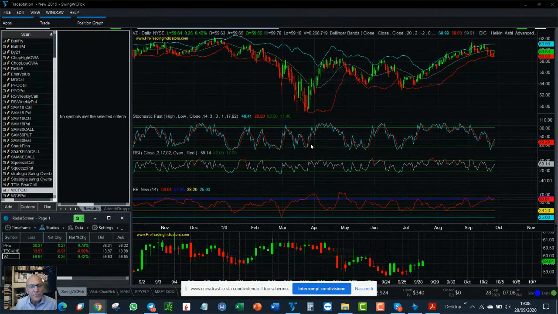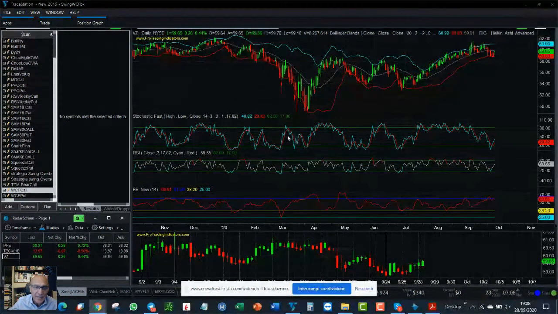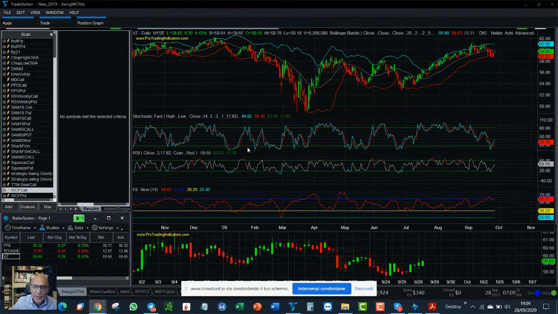The oscillators that we use are very simple. I mean, they are not magical indicators. We have the stochastic fast, which has a custom setting. It has a period of 14, and then we have 17 and 82: the 17 for the oversold, and the 82 for the overbought.